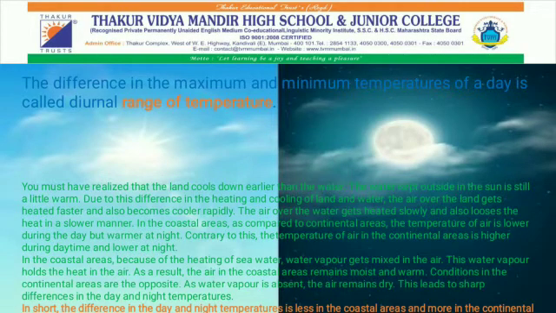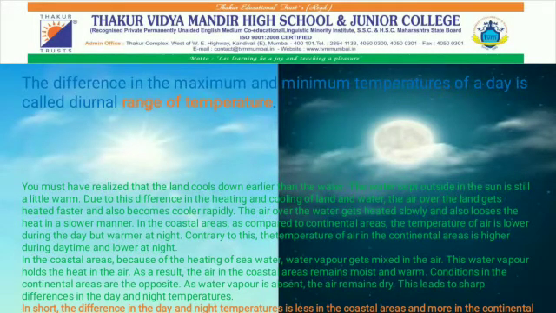In the coastal areas, because of heating of seawater, water vapor gets mixed in the air. This water vapor holds the heat in the air, and as a result, the air in the coastal areas remains moist and warm. So why is Mumbai moist? Because Mumbai is near the Arabian Sea, and the vapor of the sea water remains in the air, and that's why the air of Mumbai is moist, while the air of Rajasthan is dry, not moist.